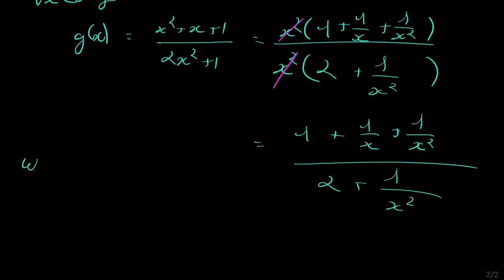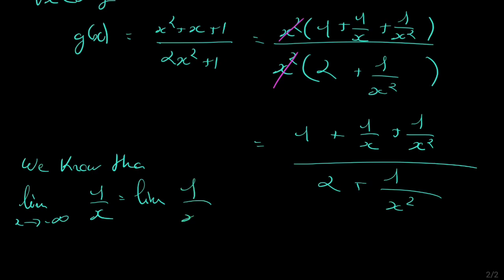And we know that the limit when x tends to minus infinity of 1 over x is equal to the limit of 1 over x squared when x tends to minus infinity, and this is equal to 0.